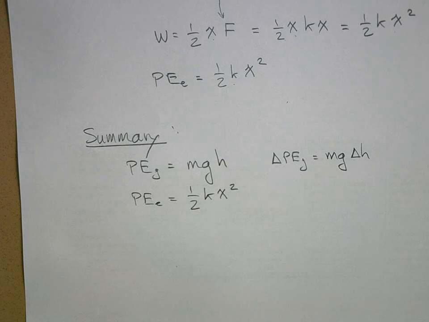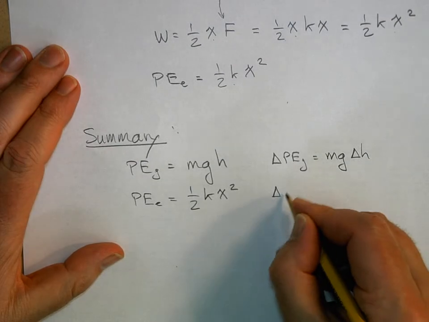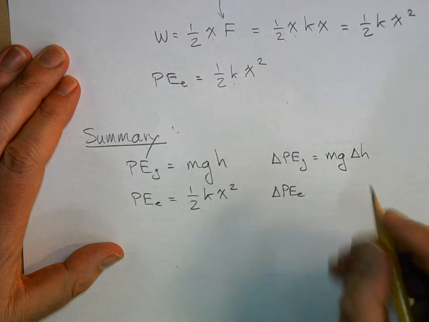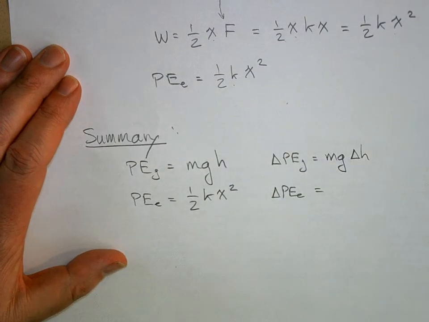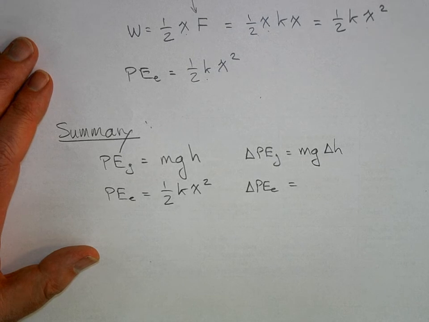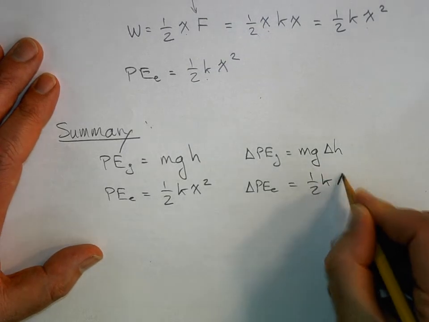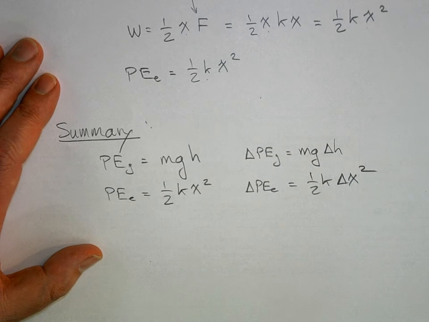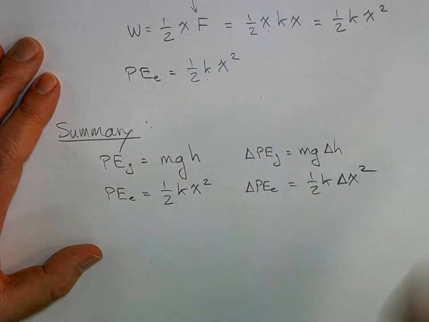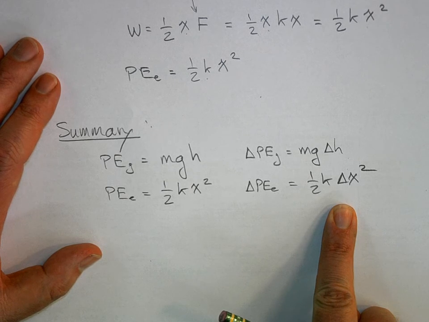Now, if you have a change in elastic potential energy, I'm going to put something down here, and I don't want you to write it down because it's wrong. People will do this all the time: 1/2 k delta x squared. No, bad student. No biscuit.